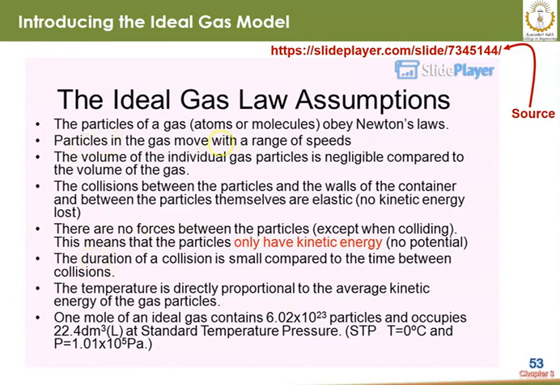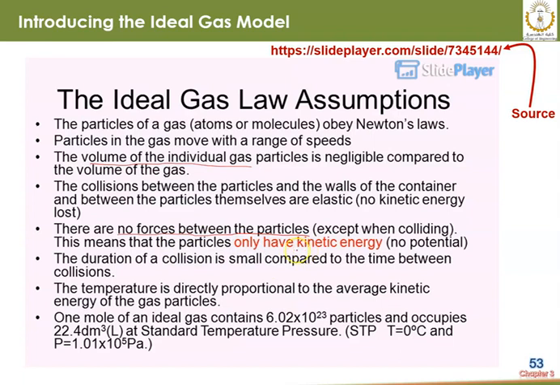So we see here, for example, that the volume of the individual gas particles is negligible compared to the volume of the gas itself, and the collision has no effect on the kinetic energy of the molecules. Very important one: no forces between the particles, so the intermolecular forces are not there.